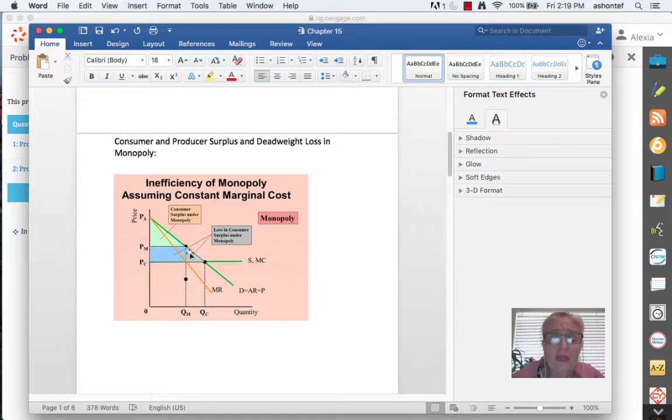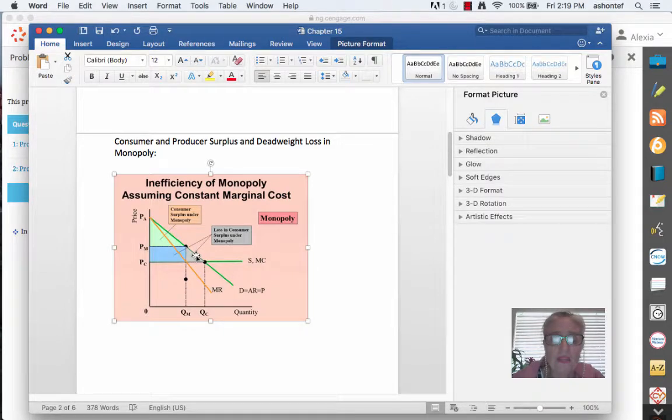And then this little triangle here represents the deadweight loss, because from a monopoly standpoint, we would actually want to continue producing, and the consumer would, because the benefit to the consumer is up here and the cost to the firm is down here.